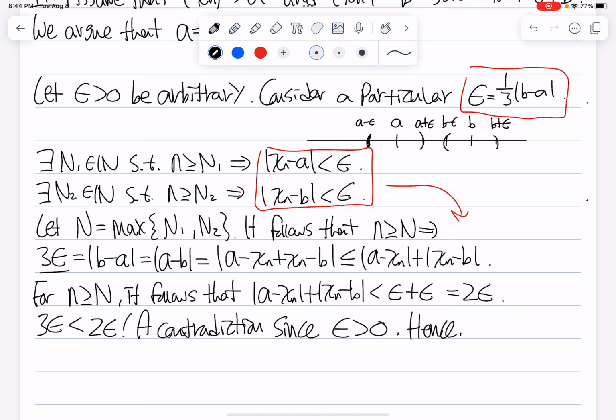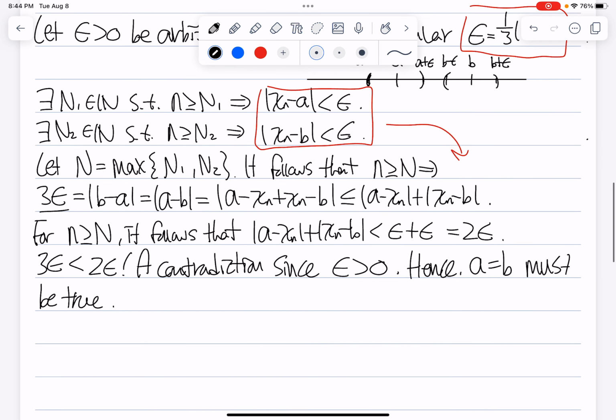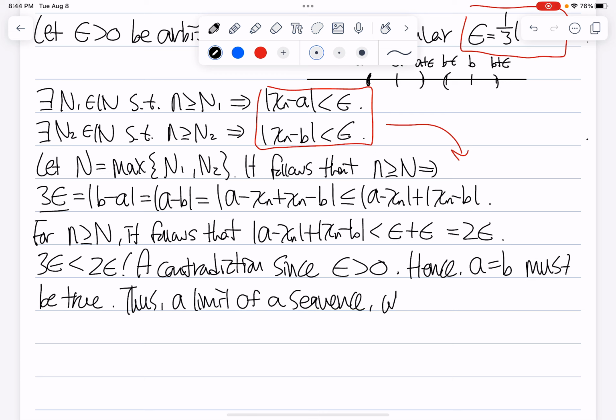Hence, a equals b must be true, since we got this contradiction by assuming that the two limits are different. Thus, a limit of a sequence, when it exists, must be unique. And that's the end of the proof.